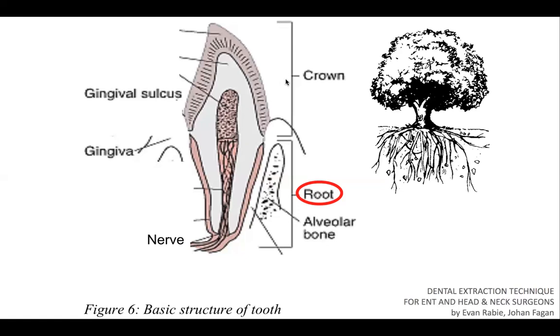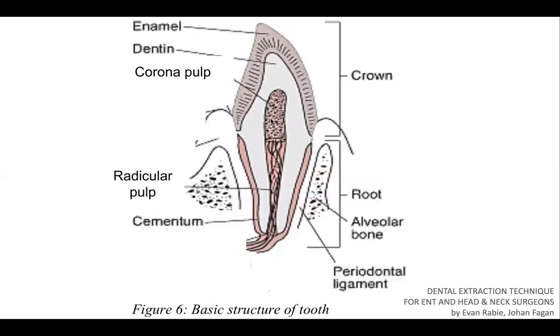So crown and root. Beside the tooth, there's gingiva connected to our tooth, and here there's a gingival sulcus. So we talk about the crown and the root, the gingiva, and the gingival sulcus.